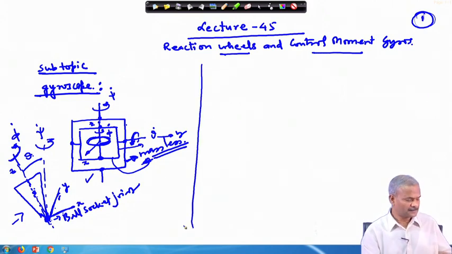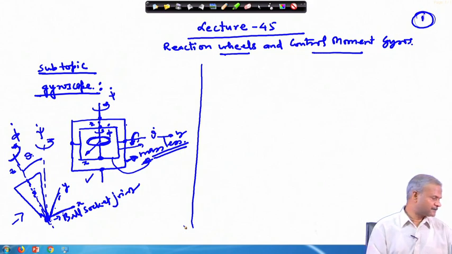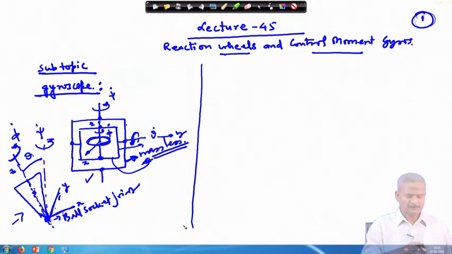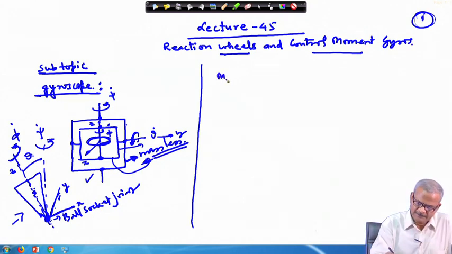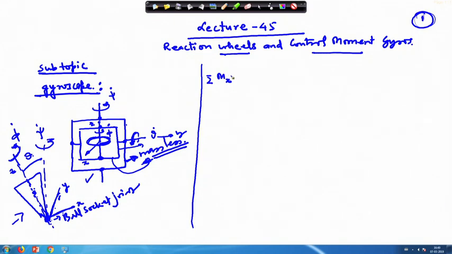In that context we derived certain equations, and once we use them, they will give us the result we are looking for. We derived the total moment acting about the x axis.